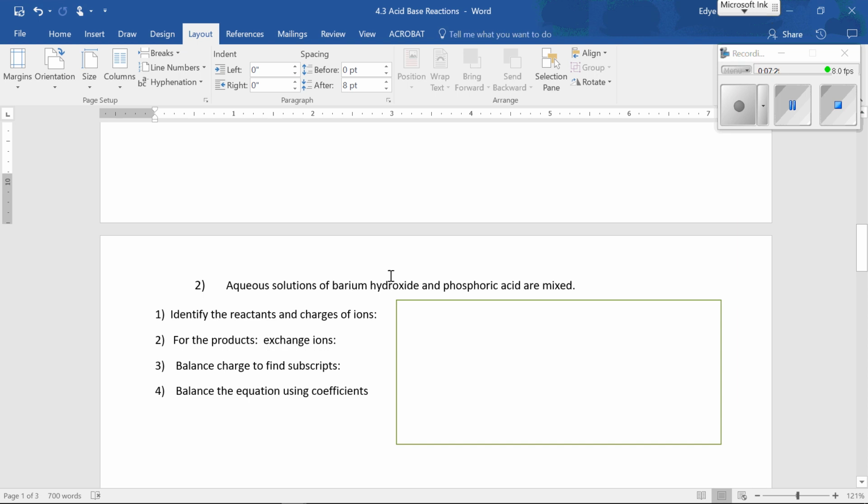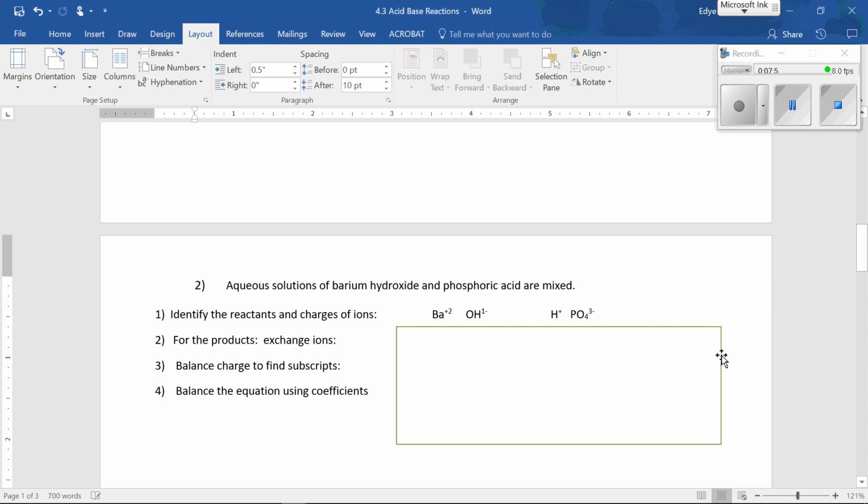Okay, so first we have to identify what our ions are. So we have to identify the reactants and charges of the ions. So we'll have Ba2+, OH1-. Phosphoric acid has H+ because of the acid, and phosphoric would become phosphate. So we have PO4 3-. Those are my ions in the reactant particles.